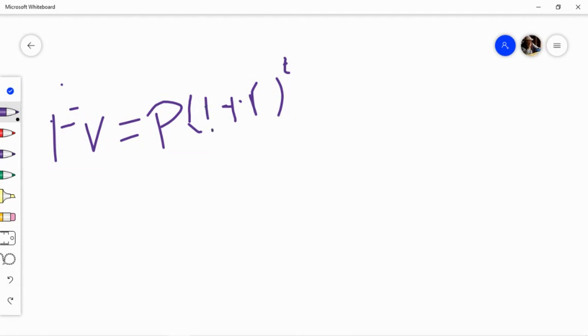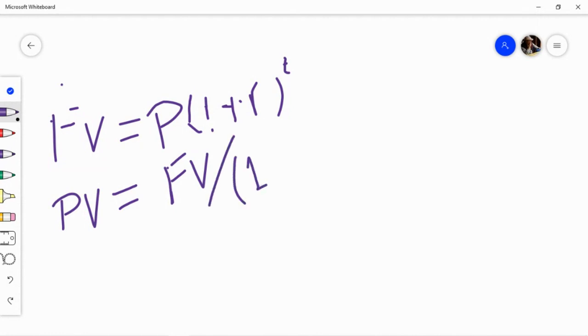It's a process to find the present value, which is actually the principal, right?